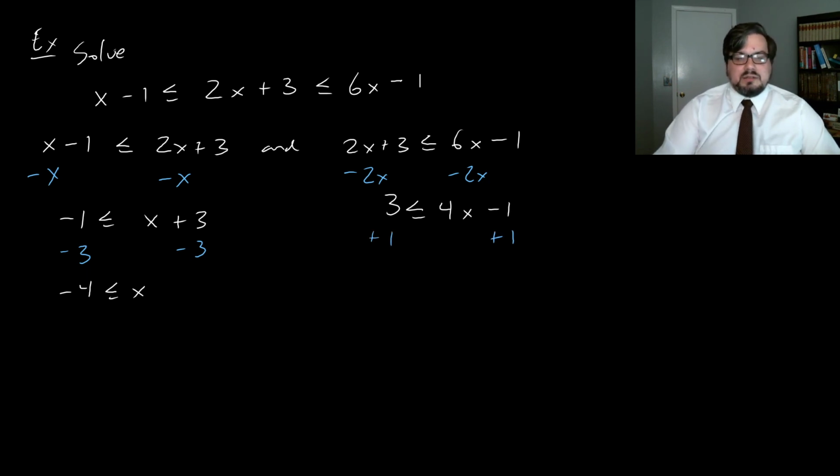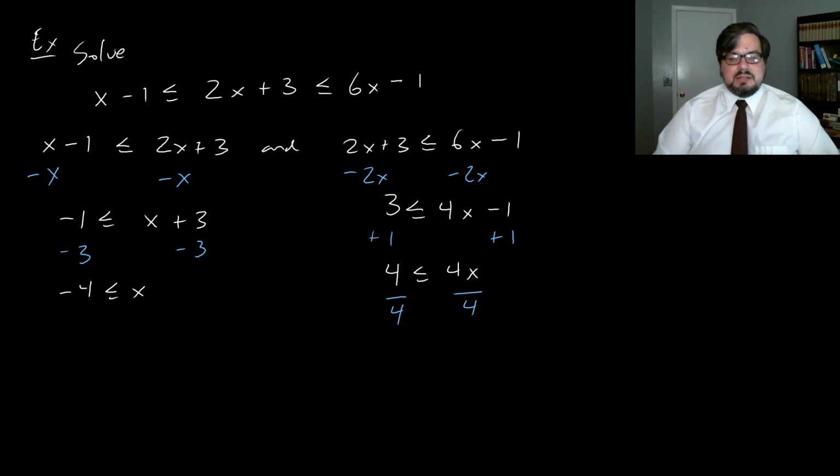Add 1 to both sides to get 4 is less than or equal to 4x. And then divide both sides by 4, again checking to say, all right, do we need to change the direction of the inequality? We don't, because we're dividing by a positive number, and so we get 1 is less than or equal to x.